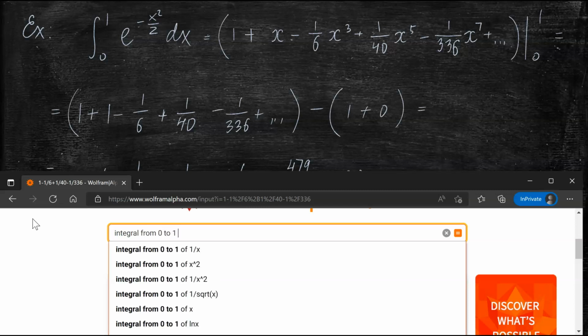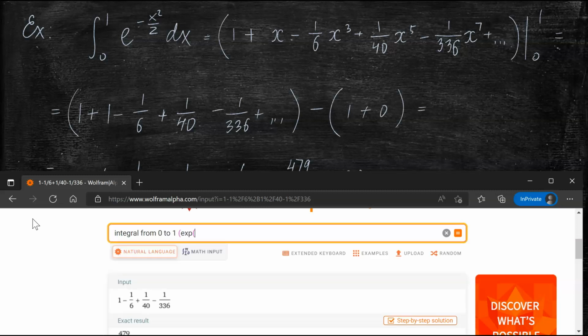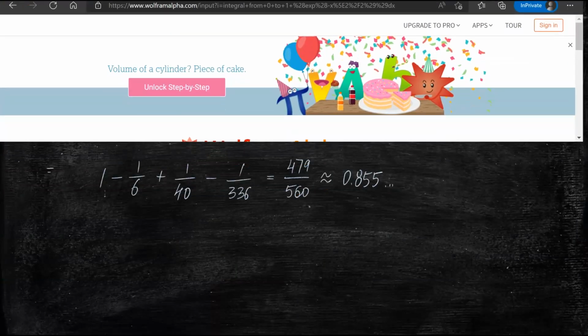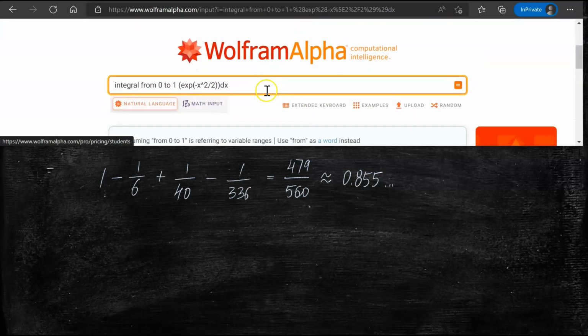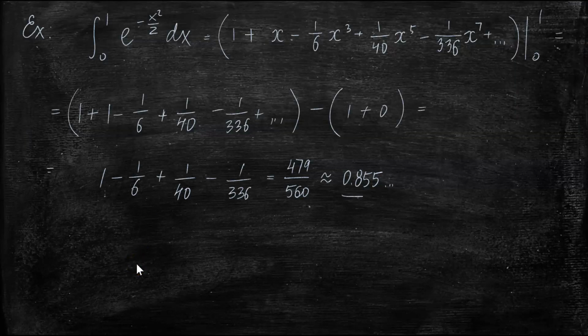So integrating from 0 to 1 this function, let's see what we get. We hope that the answer is 0.855. And it looks like, yep, we definitely got the first three digits correct.